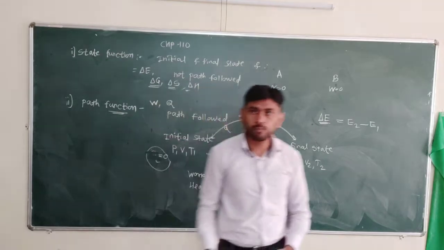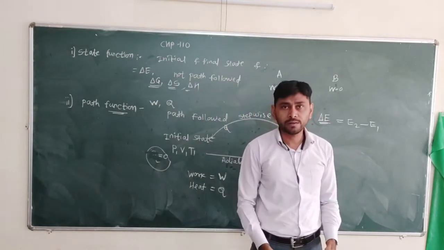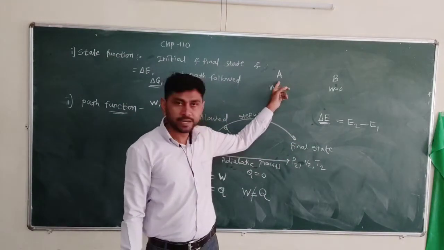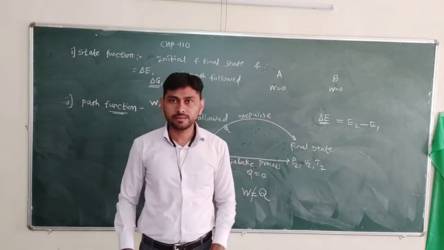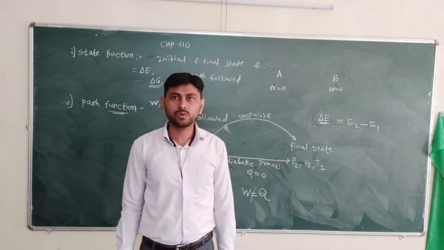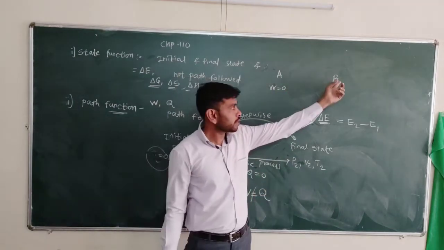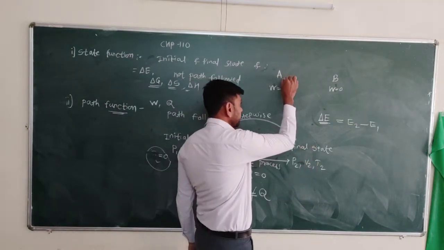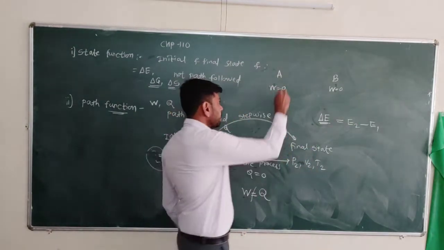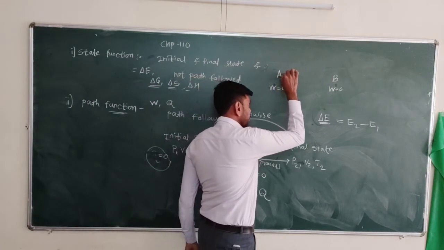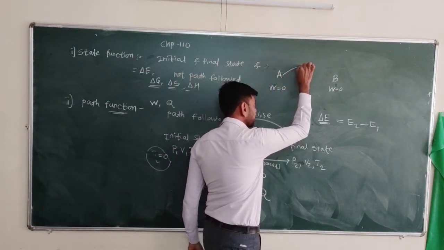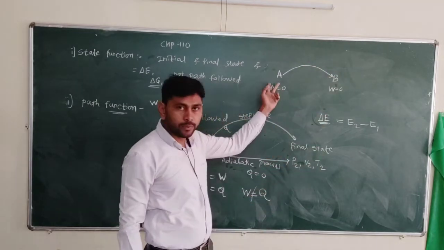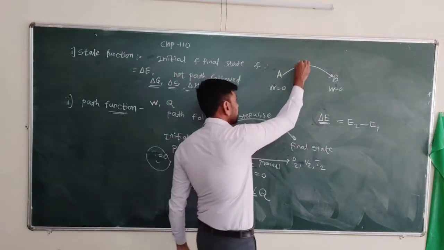If I am moving from one point to another point, then there should be some work done. If I am here at point A, I am staying here, so there will be no work done. And after some time I am at point B, where there is no work done. But when a person moves from point A to B, while moving from A to B, work is done.